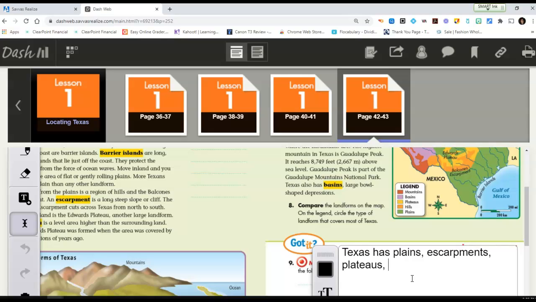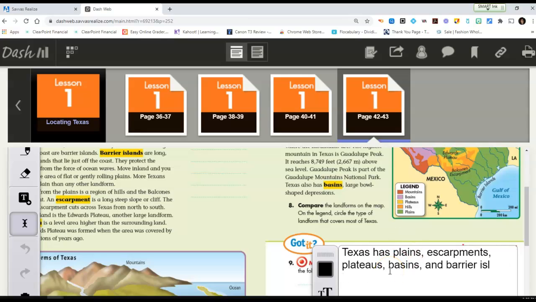Is it called basins? Basins. Hey, close enough. That's why we're learning, right? And one more. Who can tell me the last one? Leah. You bet, my friend. Barrier Islands.